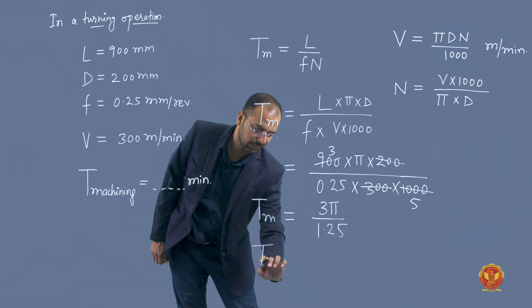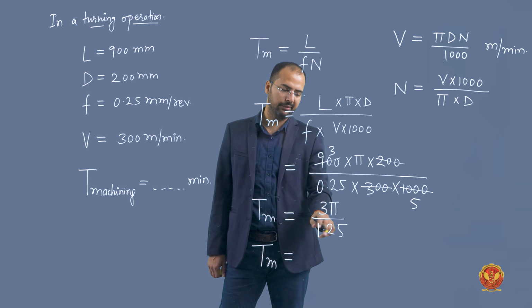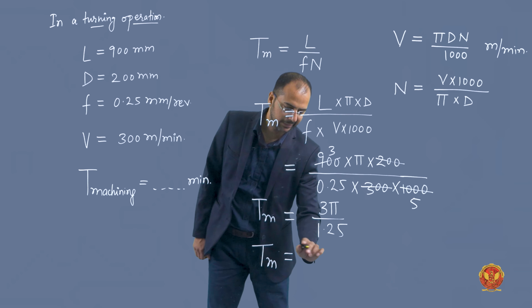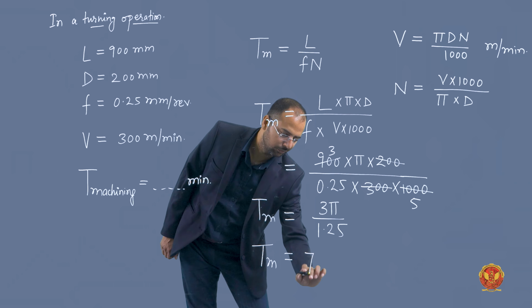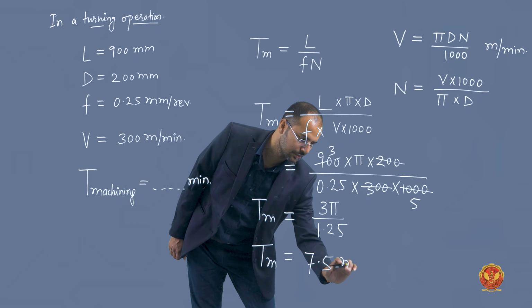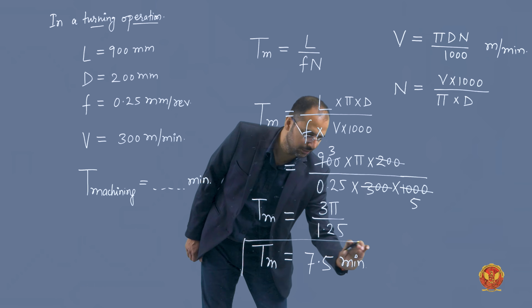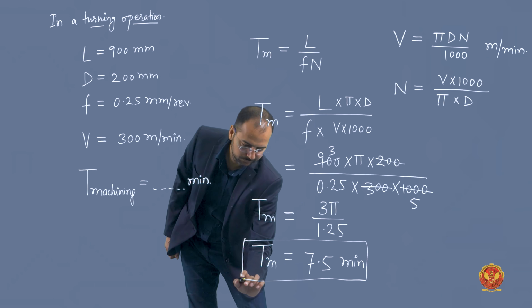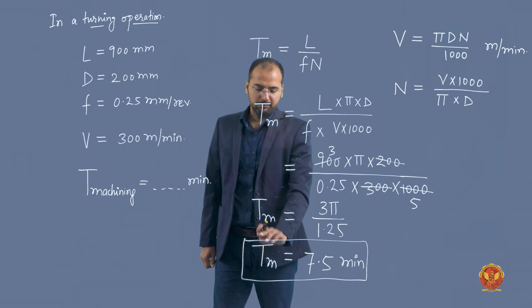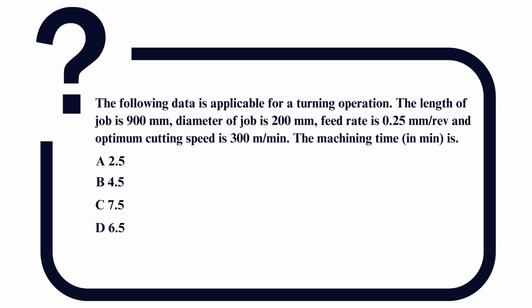So in this question, by the help of calculator, we will calculate it. 3 pi divided by 1.25 and we will get the value 7.5 minutes. So here in this question, machining time will be 7.5 minutes. So option C will be the correct answer.